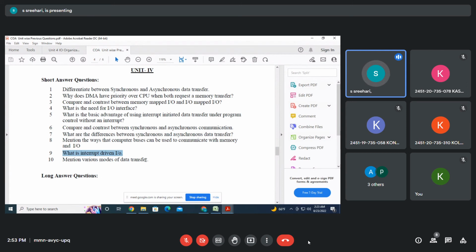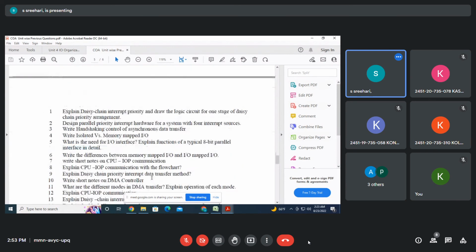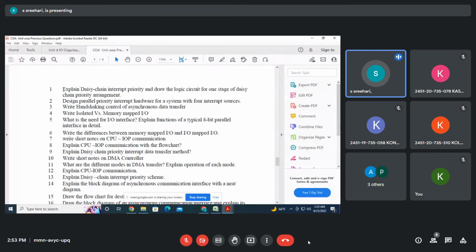Various data transfer methods. Mention the various modes of data transfer: programmed IO, interrupt initiated IO, and DMA. Yes, you can see here: explain daisy chain interrupt and design parallel priority. Next one is handshaking control.